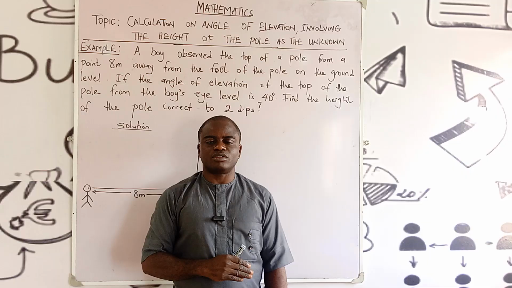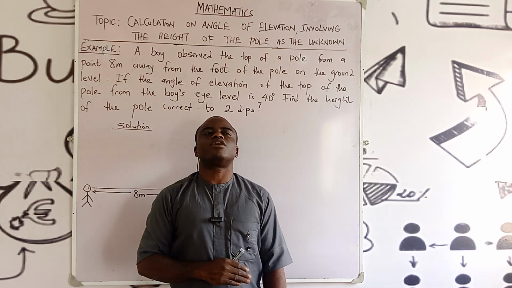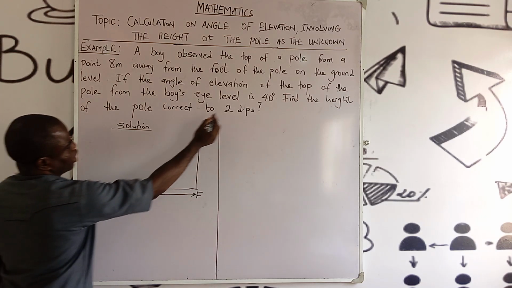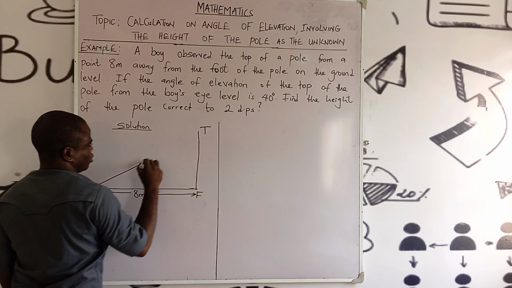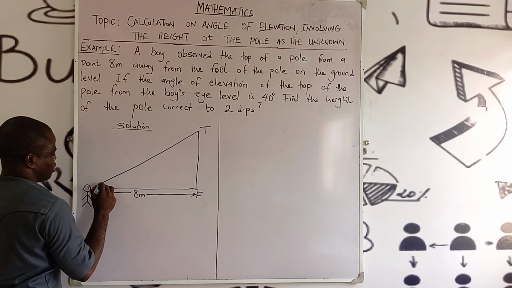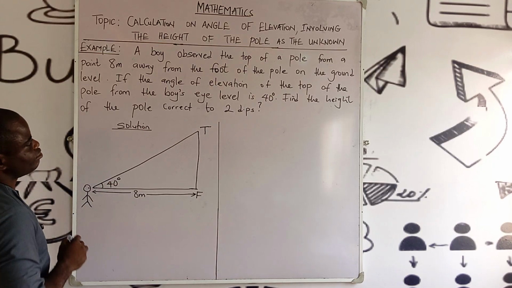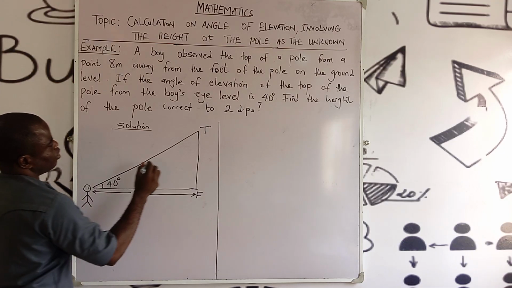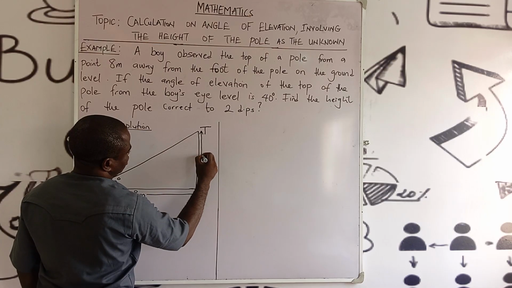But since you are carrying out the angle of elevation, you raise your head up, and it looks up at the angle 40 degrees to see the top of the pole. And I'm told to find the height of the pole, correct to two decimal places.